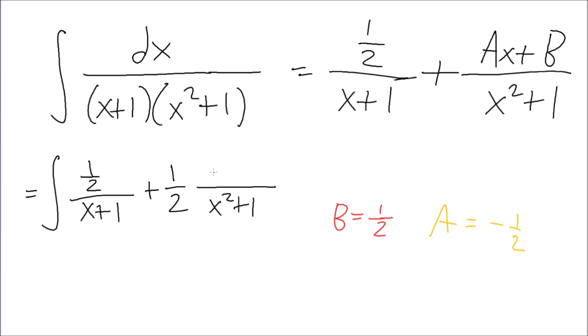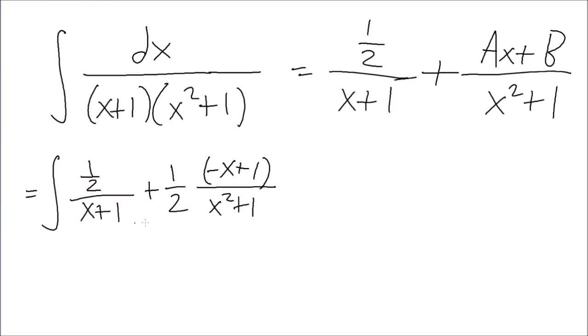Then a is negative half, so it'll be negative x here, and then b is positive. Again, I just took the half at the front. I just factored out the half. Okay. So what do we do now?